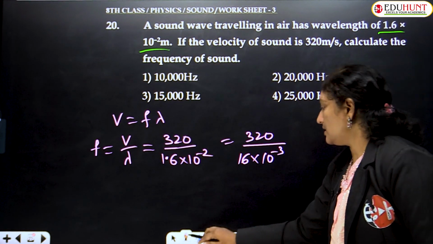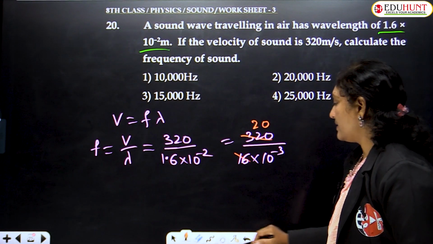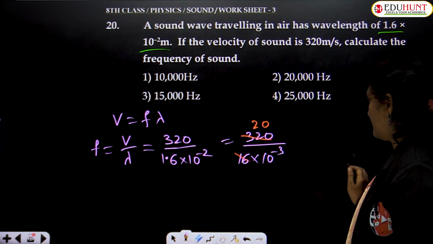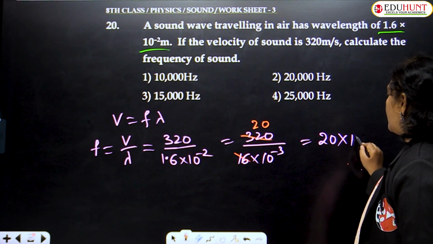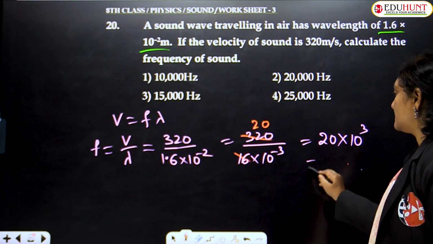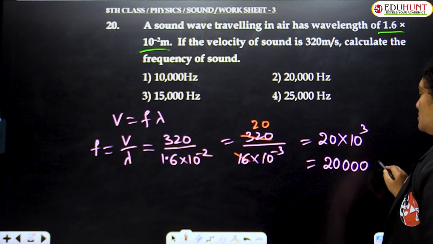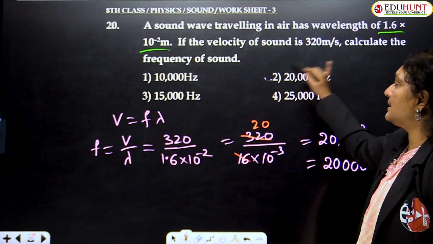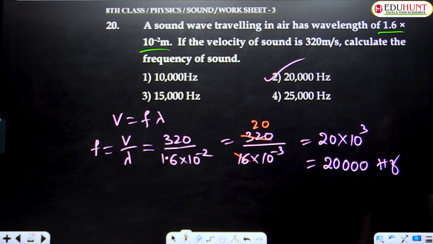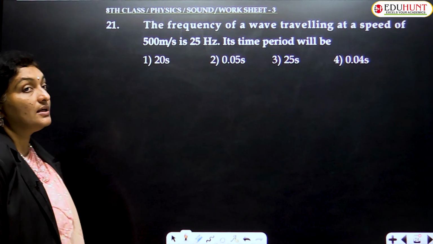So this 16 goes 20 times. Let us bring this 10 power minus 3 to the other side, then it becomes 10 power plus 3. This will be equal to 20,000 Hz. So the correct answer is 20,000 Hz, and the second option must be true. Got it, children?